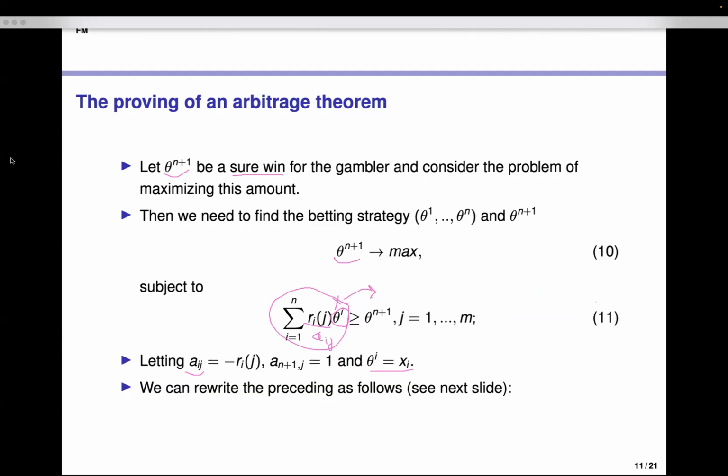I write this, maybe this. So it is a11 x1 plus a12 x2 plus, the next, it will be a1n xn.